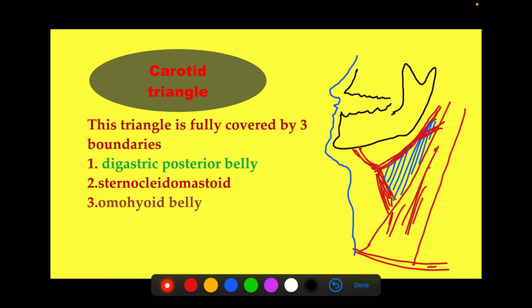The blue region is the carotid triangle. This one is the posterior belly of the digastric muscle.